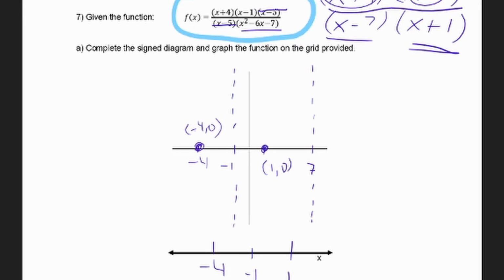Anywhere that the function is less than negative 4, we can take f of negative 5 and plug that into our function here.